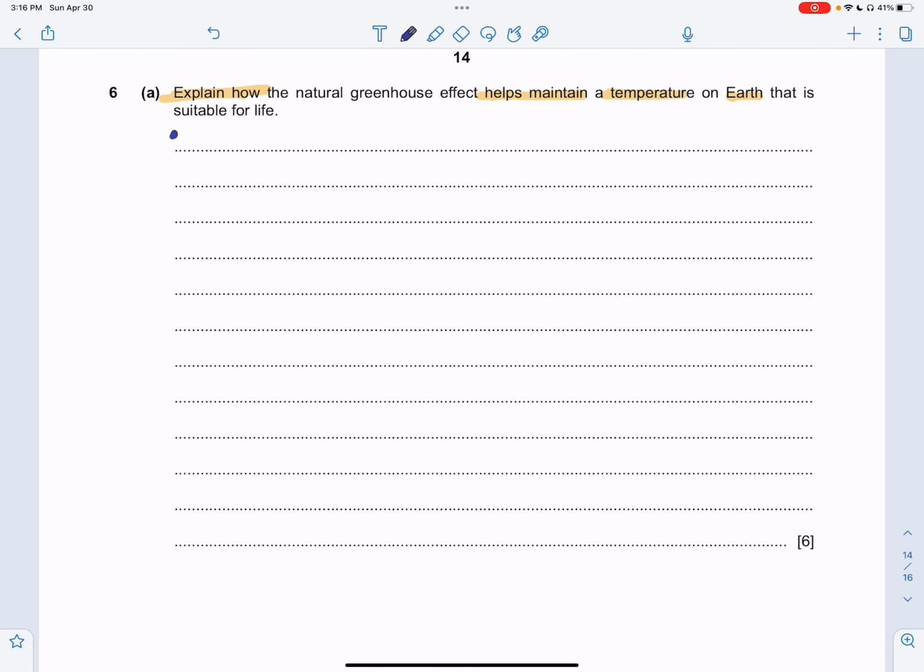So the electromagnetic radiation that passes through Earth's atmosphere, and that's what we're going to start with, is light that's going to come from the sun, radiation from the sun. So short waves are going to be like a separate mark in and of itself. So starting just with solar radiation, or you can say electromagnetic radiation.